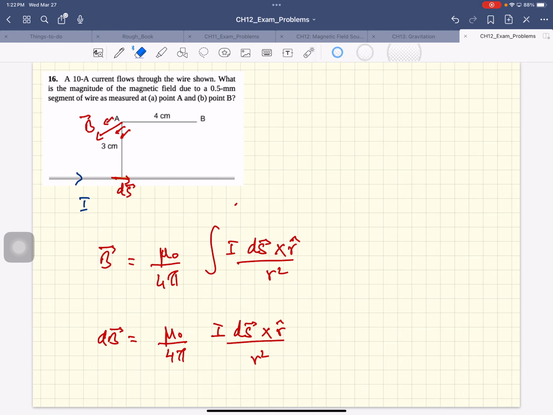What is r hat? r hat is a unit vector in this direction for point A. For point B, r hat would be a unit vector in this direction. r hat is a unit vector pointing from the current element in the direction of the point.